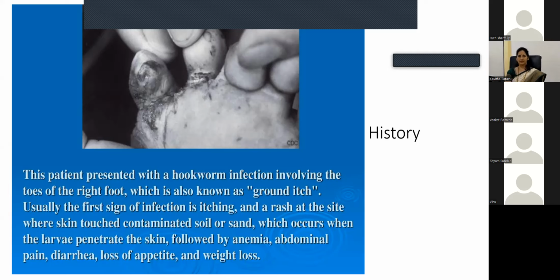The larva penetrate the skin with the help of certain proteolytic enzymes which it releases. The symptoms I told you may be there or may not be there. But ground itch is the first important symptom in case of cutaneous hookworm infection.